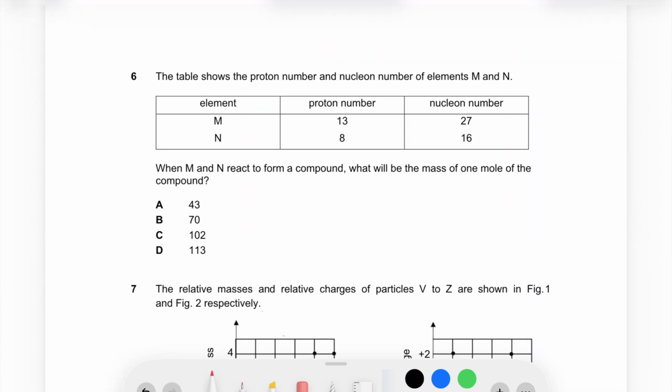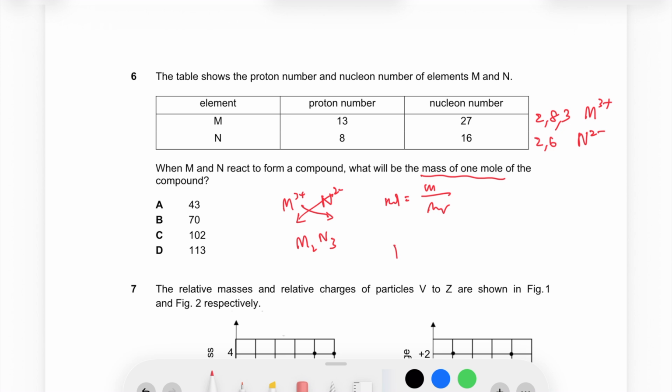Question 6. You have to react to form a compound. What's the mass of 1 mole of the compound? M is 13, so the electronic configuration is 2, 8, 3. Mole equals mass over Mr. Mole is 1 mole, and mass you have to find out.